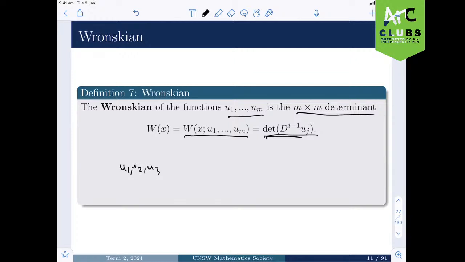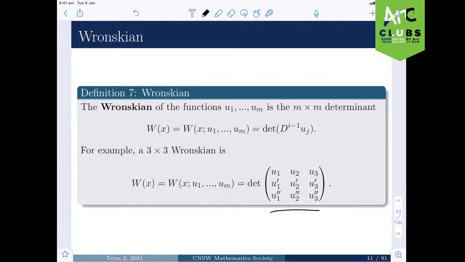Then the Wronskian of these functions is just the determinant of those functions on the first row, the derivatives on the second row, and the second derivatives on the third row. That's all it means.